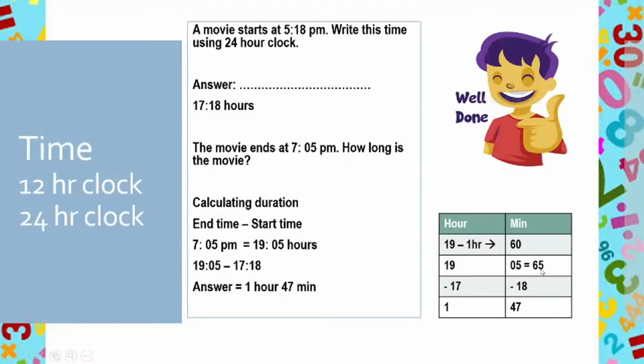So 65 minutes minus 18 minutes, my final answer is 47 minutes. This is the answer in minutes. What happened in the hours? From 19, I already borrowed 1 hour. That means 18 hours are left. And from the 18 hours, when you subtract 17 hours, the answer would be 1 hour. That's why the final answer is correct, as you were solving with me. Well done, students.